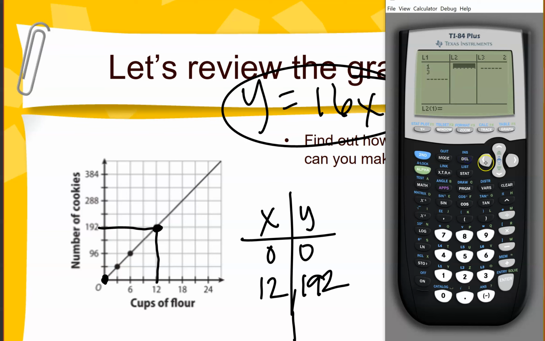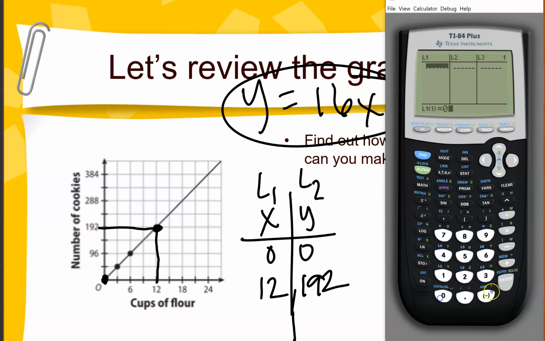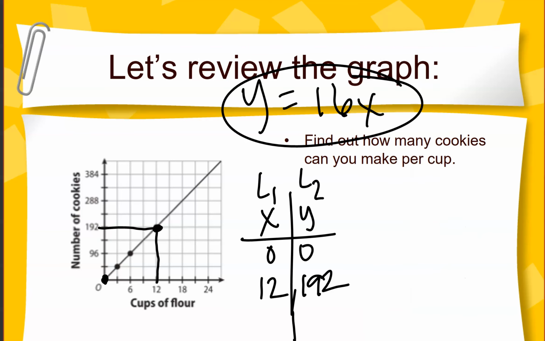I'm going to delete what's in here. My X's are L1 and I can label it, and my Y's are L2. X always comes first, so 0 and 12, and then 0 and 192. Stat, calculate, number 4, all the way down. So again, my constant is 16, so I got that one correctly.